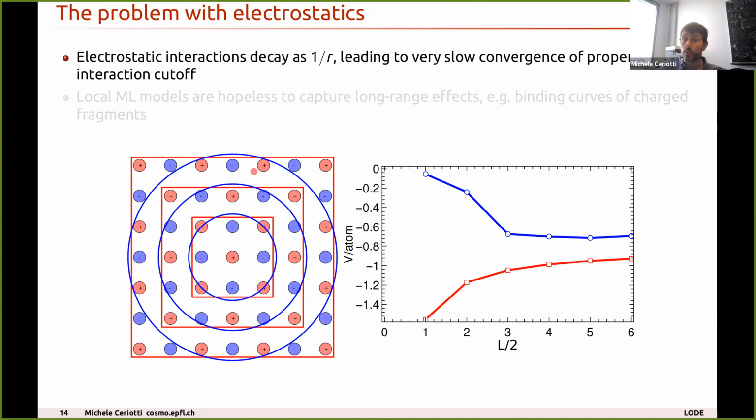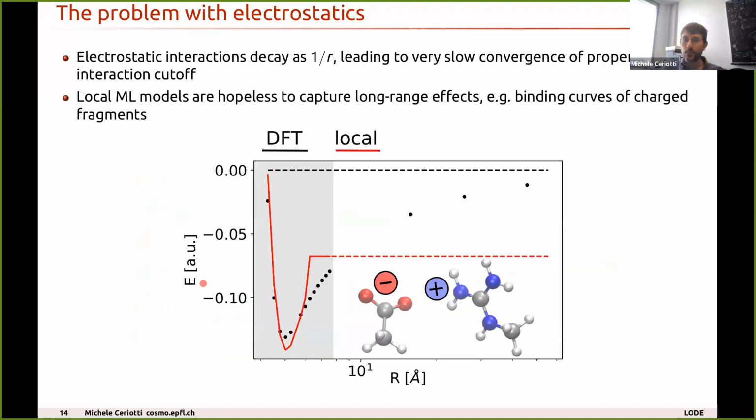The energy of an ionic crystal is a conditionally convergent series. So you get a different result if you converge to the limit using cells of different shape.